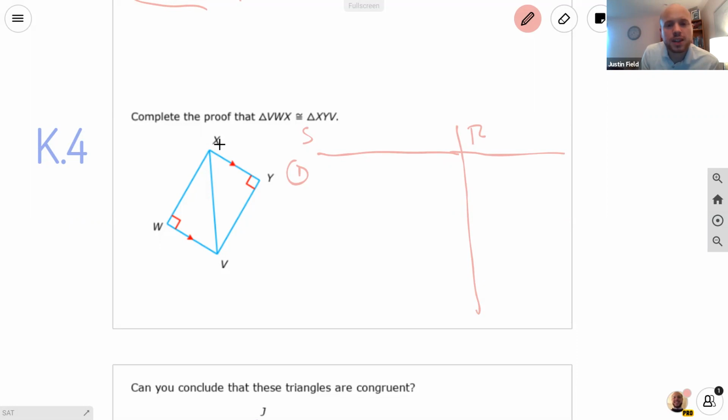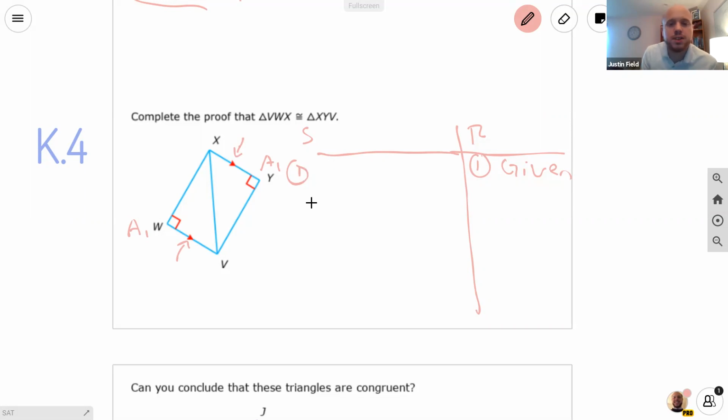Okay, so S for statements, R for reasons. We know our first reason is always the word given. Whatever is marked in the picture or told to us. Nothing is told to us, but it is marked in the picture that we have two congruent angles, two congruent right angles. So we might be using HL, but maybe something else as well. And then I wonder if you remember that these marks mean that those lines are parallel.